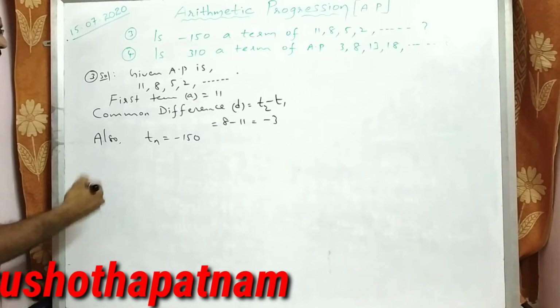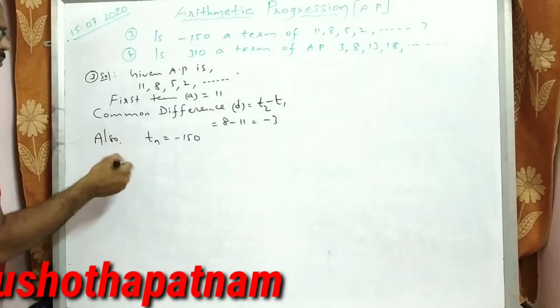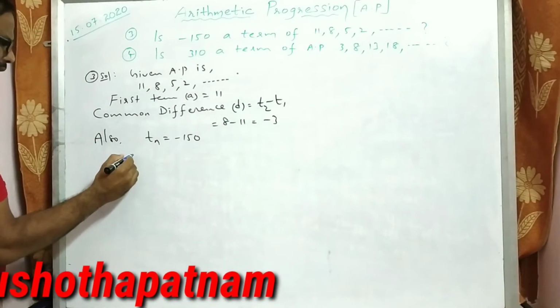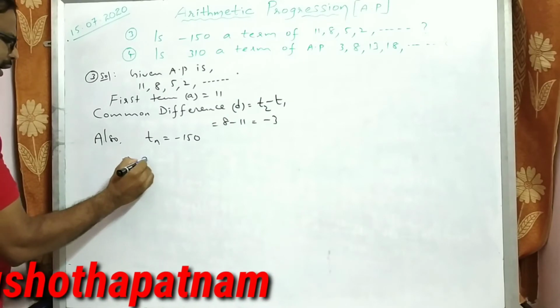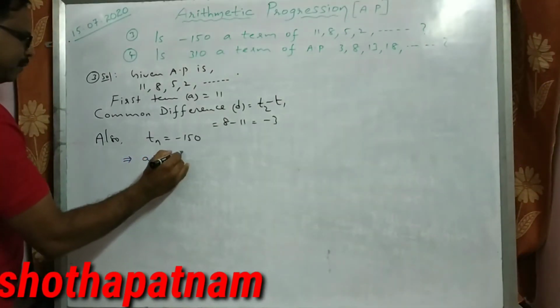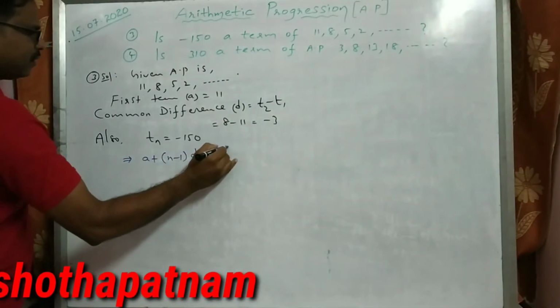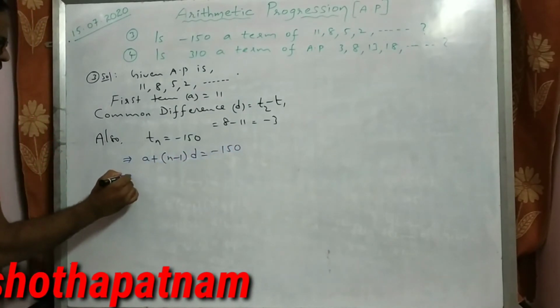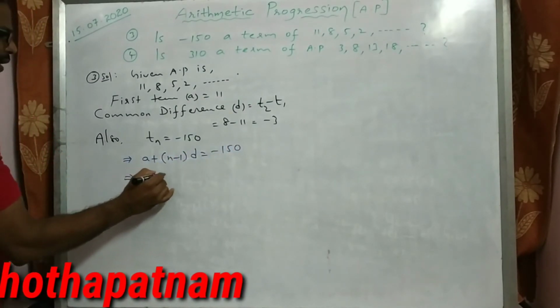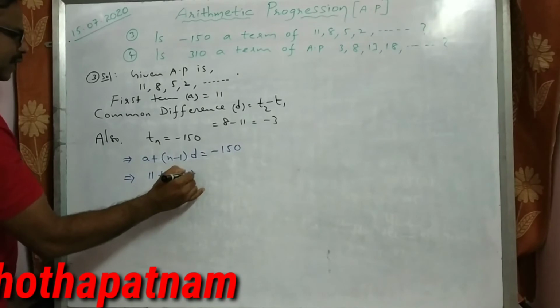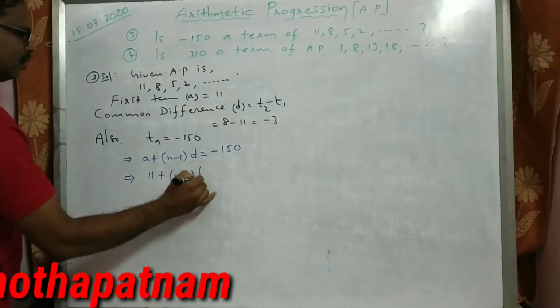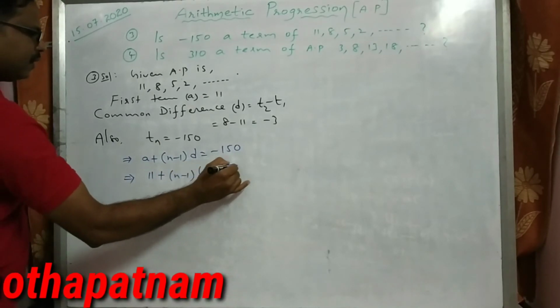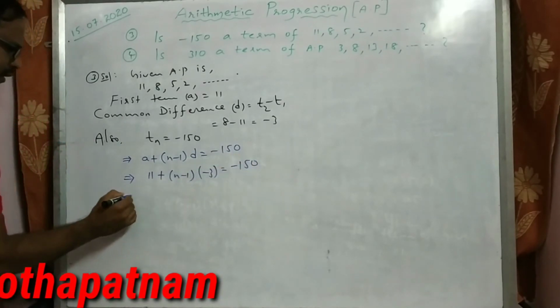Let us consider it as the nth term and find out the value of n. What is the nth term formula? A plus n minus 1 into d equal to minus 150. So what is the A value here? 11 plus n minus 1 into d value minus 3 equal to minus 150.